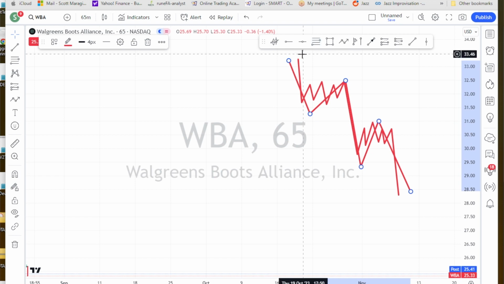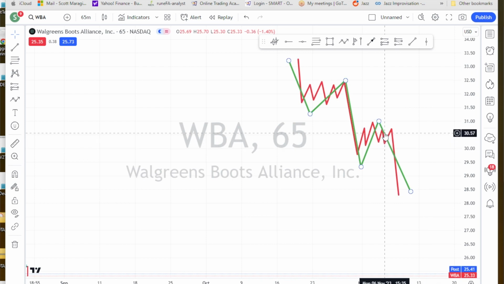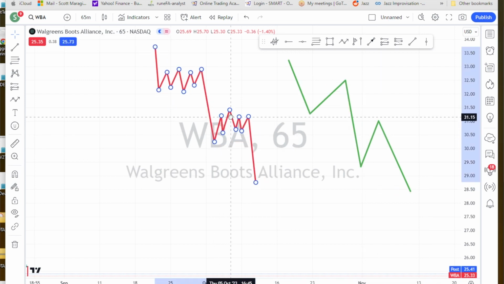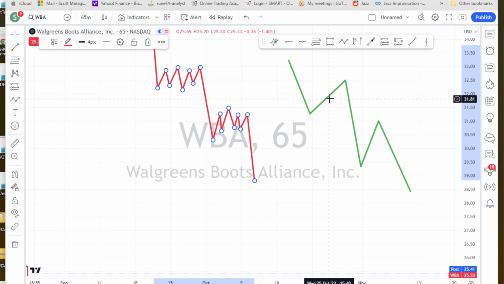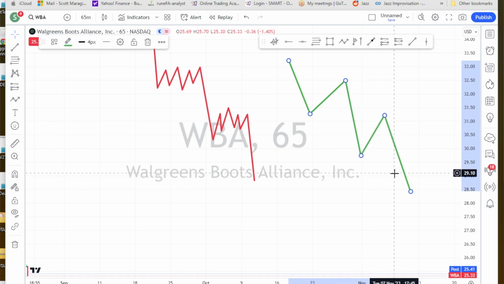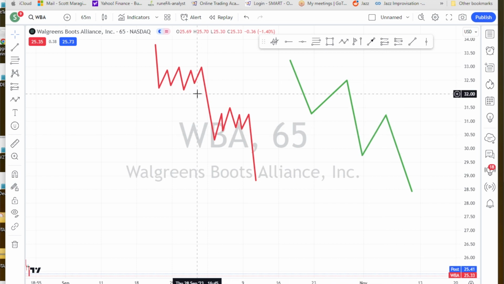I'll make that a different color, green. That's why we draw that structure like that. If I take that out, this is what the data would naturally look like. Even that's a little neat. That's why we always show this as the template for what we're looking for. It's just a representation of the way the data actually forms.